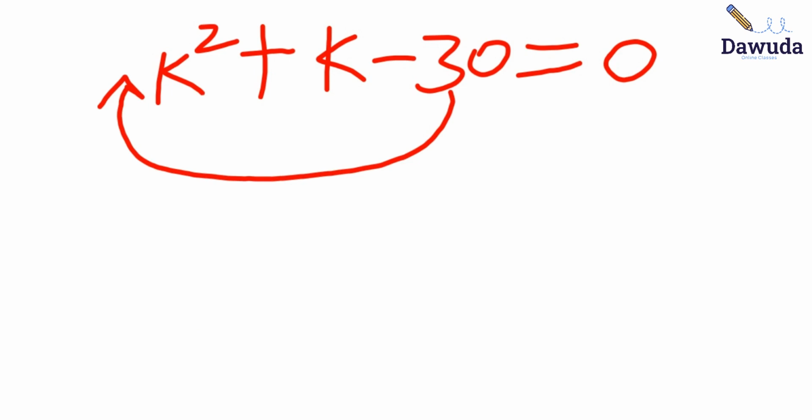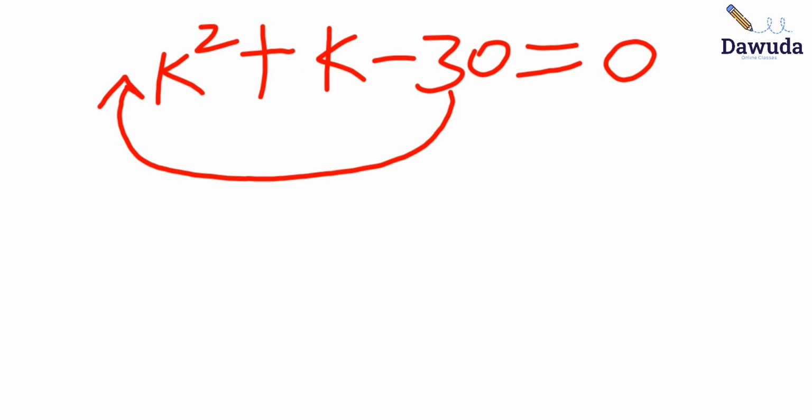Then you find the factors of 30, both positive and negative, such that when you add any of the two factors, you get the middle coefficient, which is 1 here. So let's look at the factors of 30.